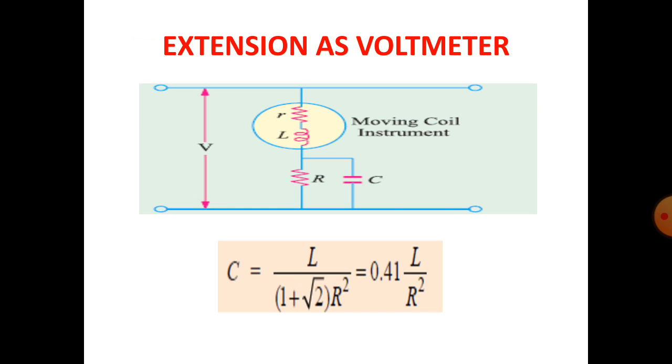Otherwise, even though the current flowing through the coil is the same, if the frequencies are different, it is going to show an error in the final reading. So that's why if you connect a capacitance in parallel with the series resistance, you are going to avoid this error.